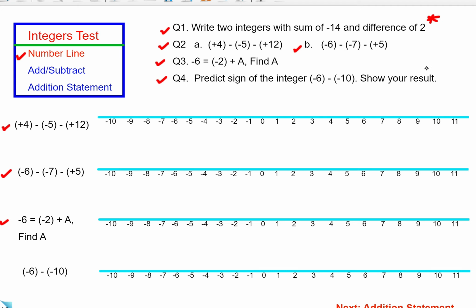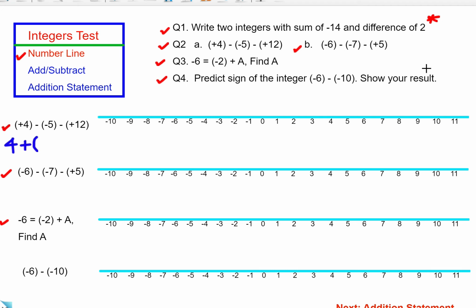We have plus 4 minus minus 5 minus plus 12. First thing first, we are going to write this with addition, right? So plus 4 is as good as writing 4. We want to write this minus as plus, so that will change the sign of minus 5.